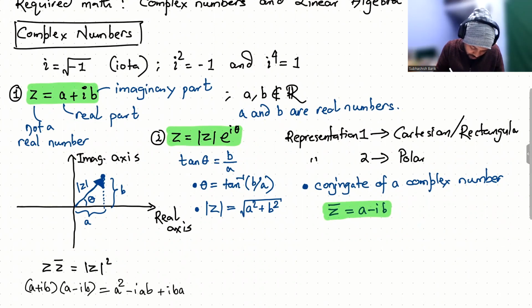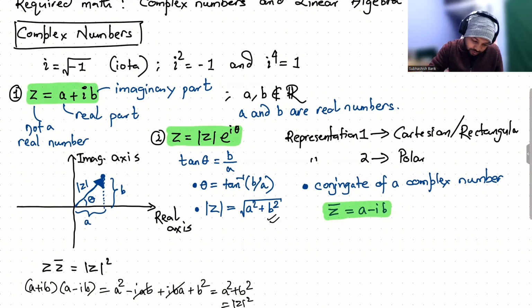So i squared equals minus 1, right? Minus i squared would be plus 1, plus b squared. So these two terms cancel, and what we get is a squared plus b squared. And this is nothing but |z| squared, right? From this definition.